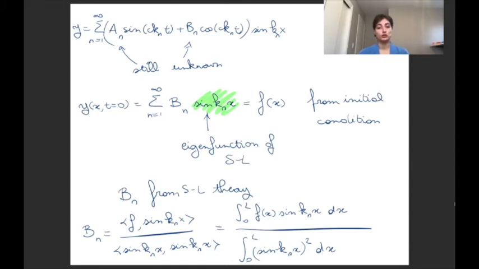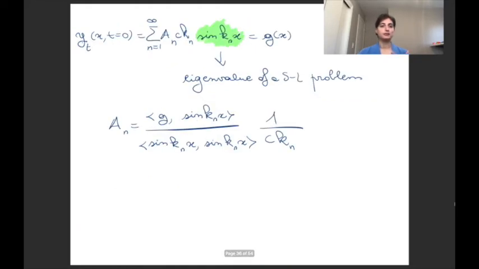Well, the one associated to the Sturm-Liouville problem that we had at the beginning, that is the standard inner product between 0 and L. So the integral between 0 and L of f of x sine knx dx divided by the integral between 0 and L of sine knx all squared dx. So now we have a specific formula for bn.